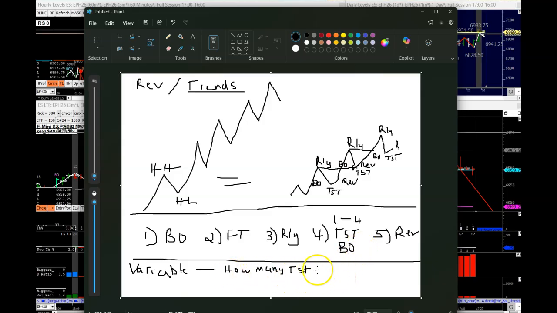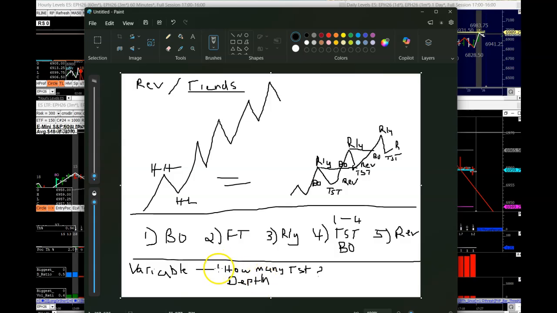So you don't know how many tests there are, and you don't know the depth of the pullback, the depth of the test. Is it going to be a 50% retracement, is it going to be a 61.8, or is it going to be a 78%? You don't know the depth.